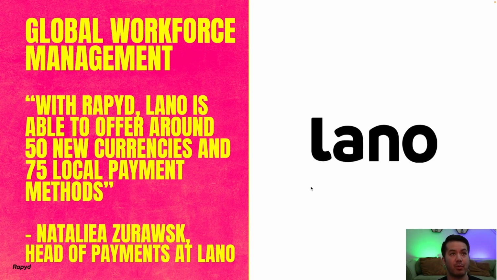She says, with Rapyd, Lano is able to offer around 50 new currencies and 75 local payment methods. So they were able to add these currencies, offering for different countries. Of course, if they're global, they're working with as many countries and currencies as they can. And within each country are specific payment methods. They can have multiple that different people prefer. She is the head of payments at Lano.